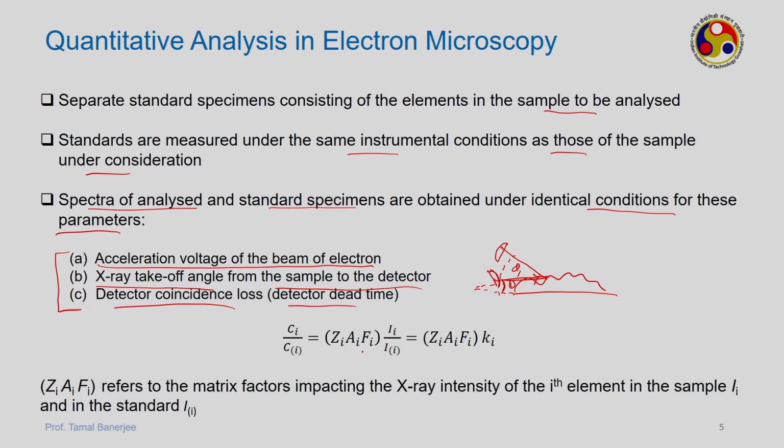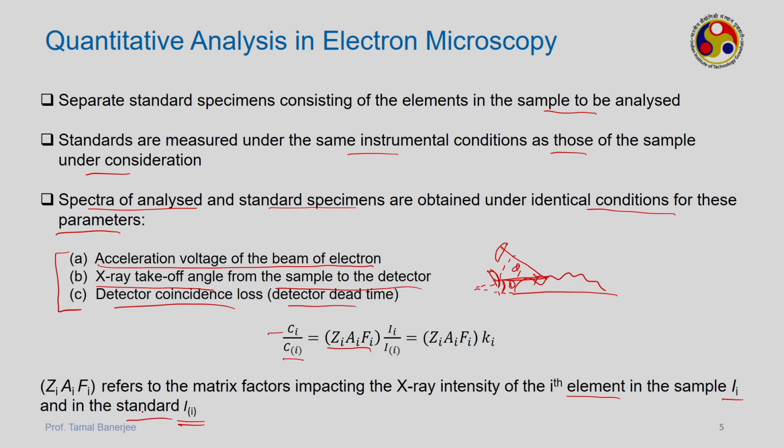Suppose for a particular concentration, I mean the particular concentration of the element you want to find out, Ci, and the one in brackets is for the standard, Ii. Now this factor Zi, Ai, Fi refers to the matrix factors impacting the X-ray intensity of the ith element in the sample and in the standard.